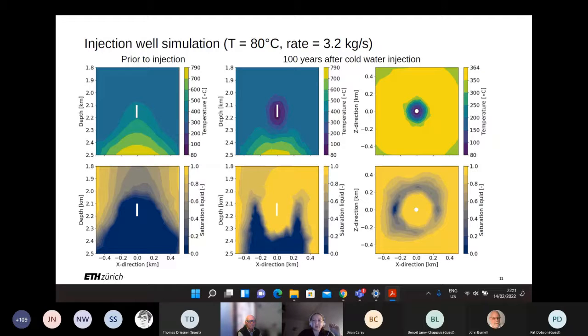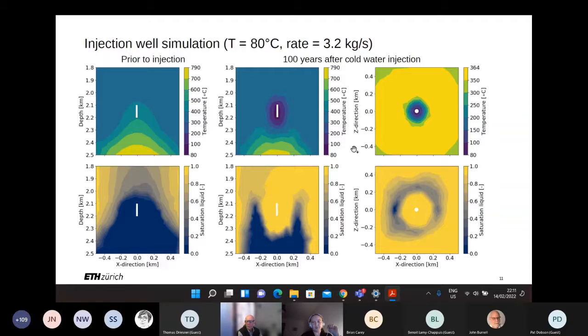So first, let's look at the single injection well simulations. So the well completion is installed right in the middle here, between 2.1 and 2.2 kilometers depth. And this is the temperature and liquid saturation before the cold water injection. And here we inject cold water at 80 degrees C and a relatively low rate of 3.2 kilograms per second for 100 years.